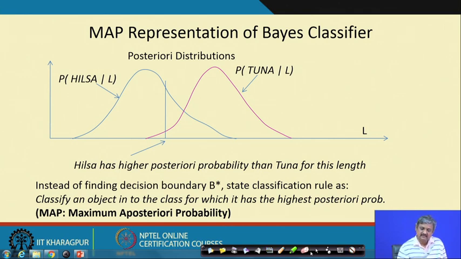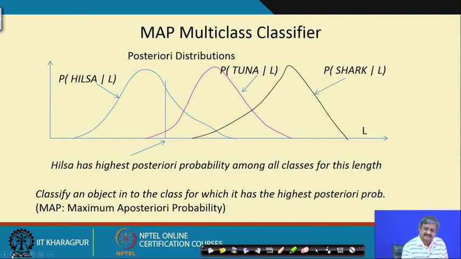This particular formulation helps me generalize this base classifier to more than two classes. Suppose there are three classes of fish. In general, let us say there are k classes of fish. Let us say Hilsa, tuna and shark.